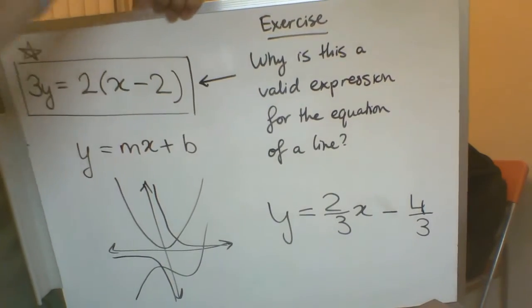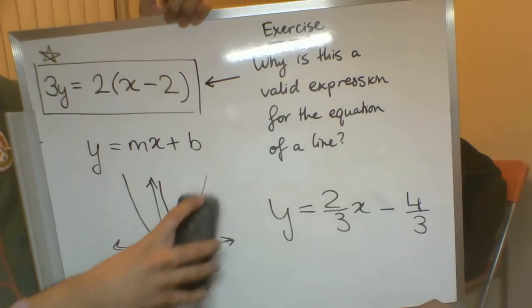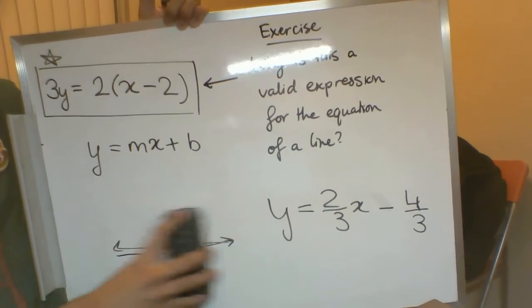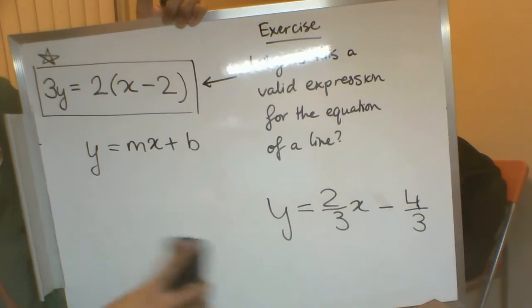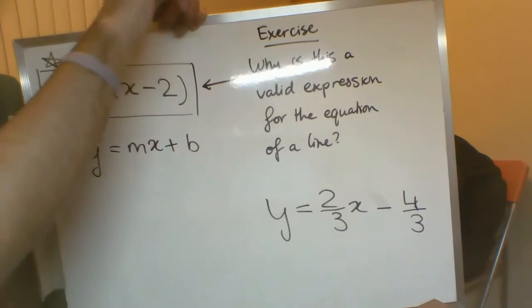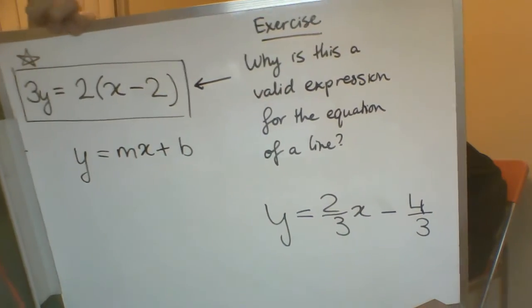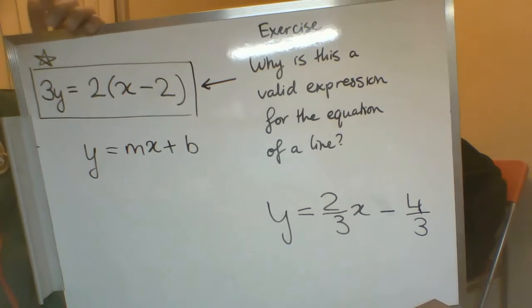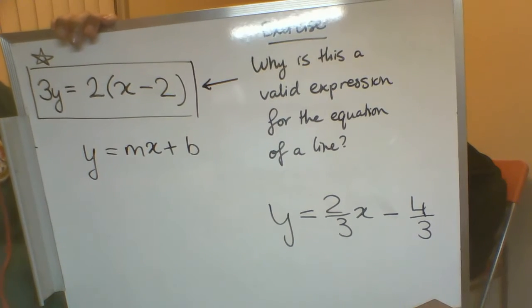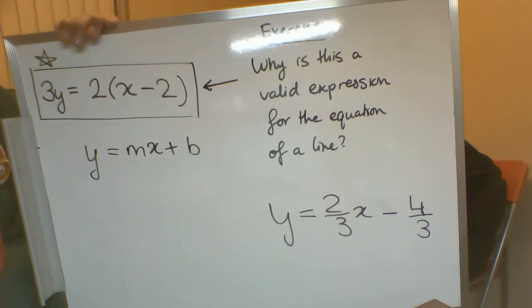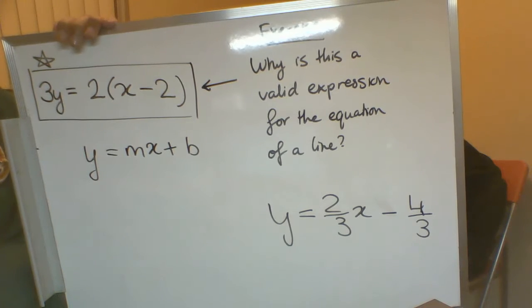The reason for that is we're still only dealing with y's and x's. We're not dealing with y squared or x squared or the square root of either of those. We're not doing anything with logarithms, which we talked about a couple of units ago.